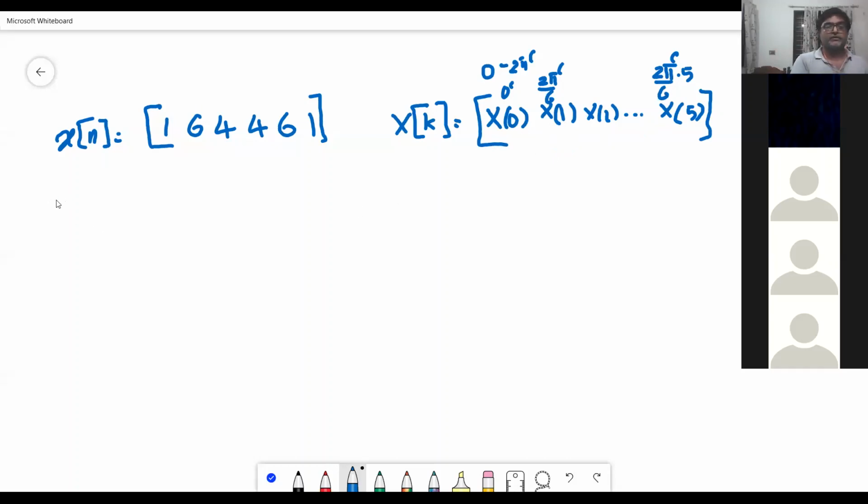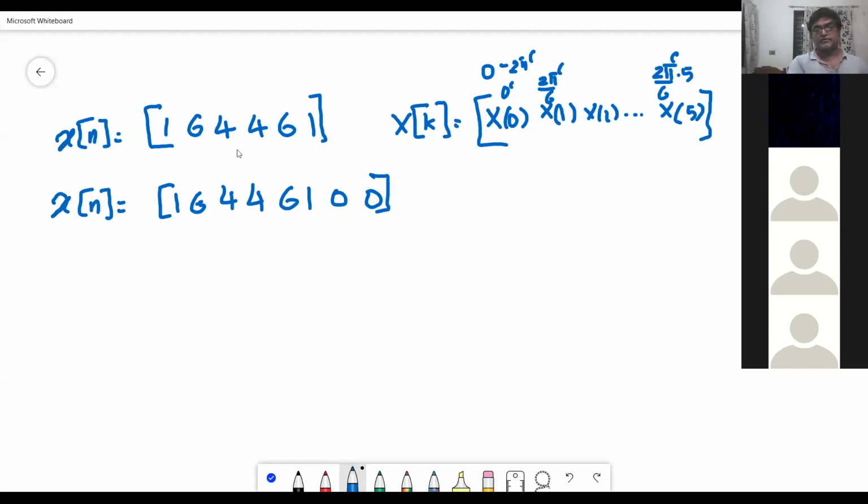Now I put 2 zeros here. X of n is equal to 1, 6, 4, 4, 6, 1, 0, 0. So these two signals are the same, in fact, because you have not captured the last two samples. So you can very well assume that there are no samples here. So you can put zeros here.